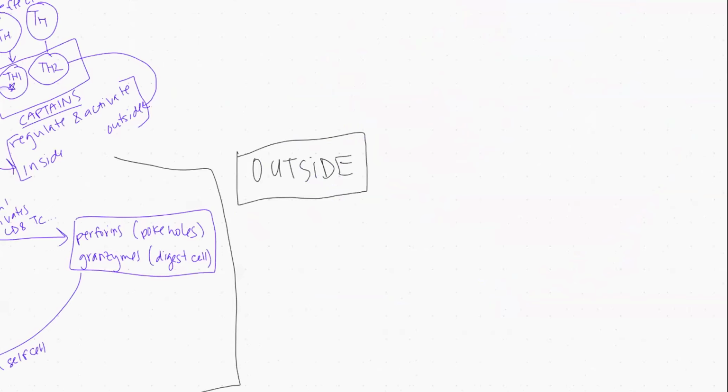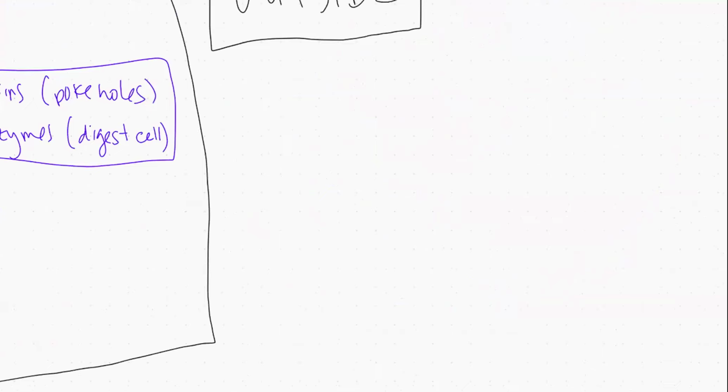What we will have is a B cell, and it'll have a receptor on it, which is called IgD.